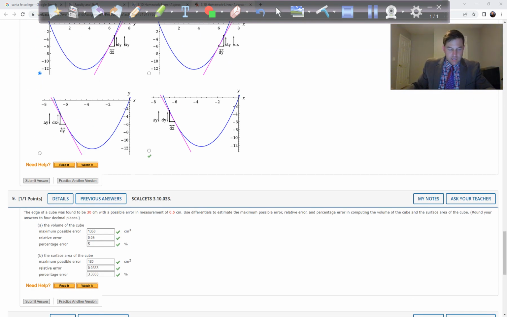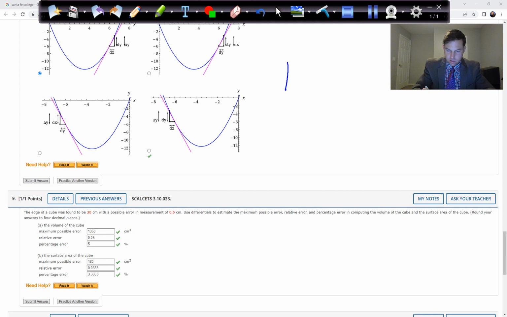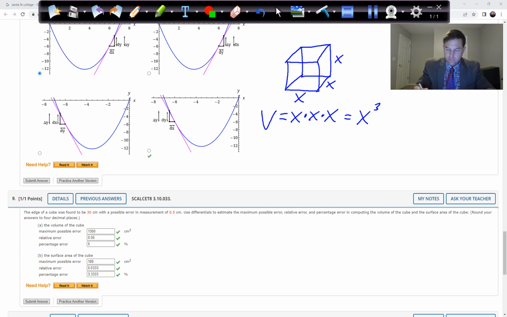So 9 says the edge of a cube was found to be 30 centimeters with a possible error in measurement of 0.5 centimeters. Use differentials to estimate the maximum possible error. So we have a cube. Its dimensions are x, x, and x, which means its volume is length times width times height, which is x to the third.